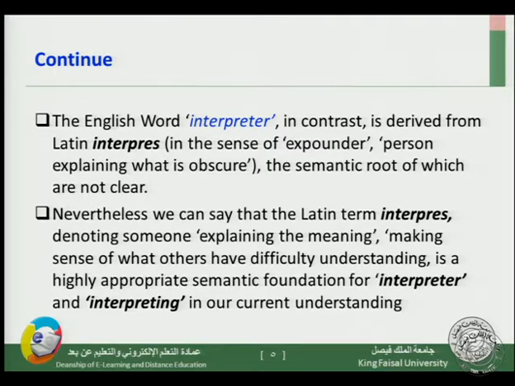So interpres is to explain what is obscure. It means what is not clear, what is hidden, so to make it clear. The semantic root of expounder is not clear, according to research.